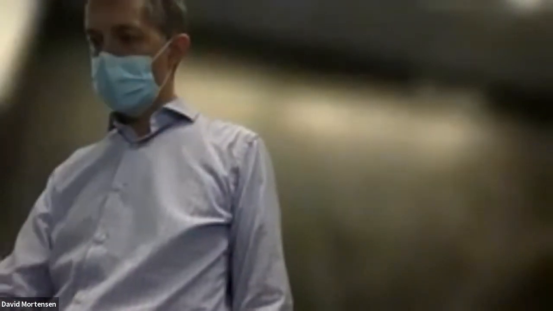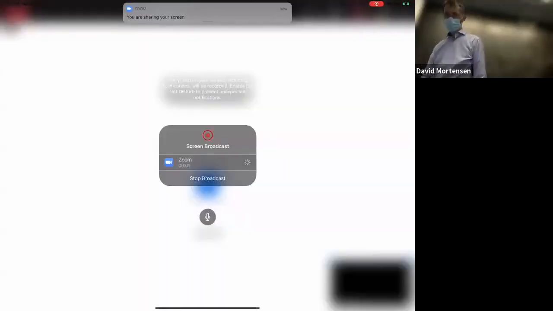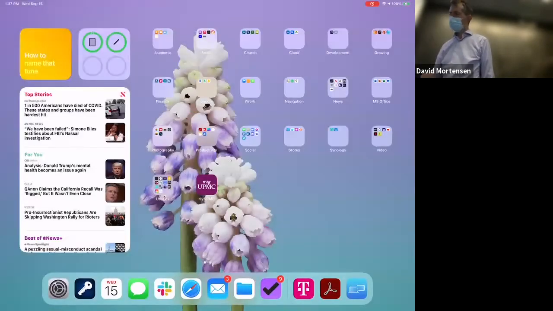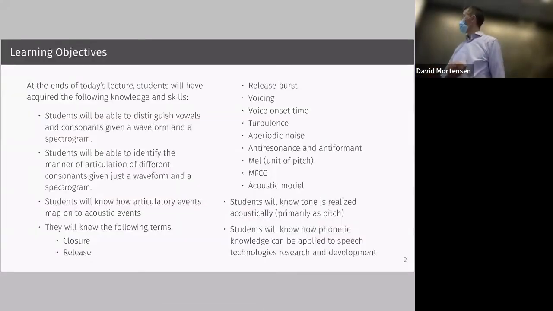There's a checkbox which enables the screen. Okay, let me try this really quick. Okay, does that work? Okay.